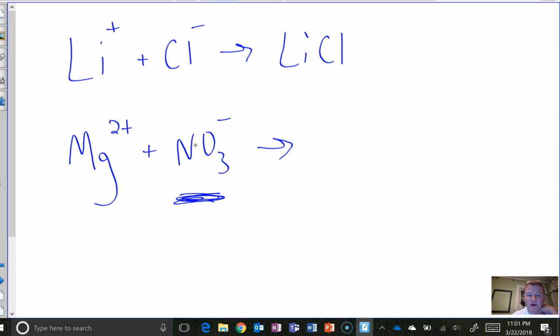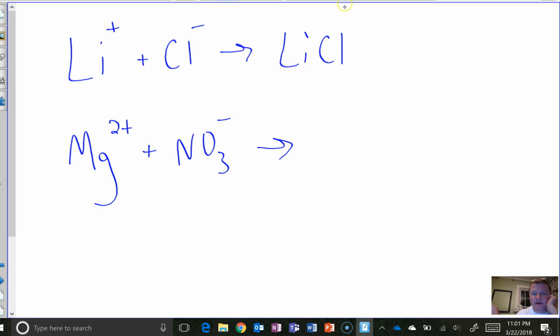So when we build compounds with these polyatomic ions, the beauty of it is that the charges and the crisscross rule, all of that is the same. So in this case, we've got magnesium with a positive 2 charge, nitrate with a negative 1. So when they react, obviously it's going to take 2 of the nitrates to balance out the positive 2 of the magnesium.